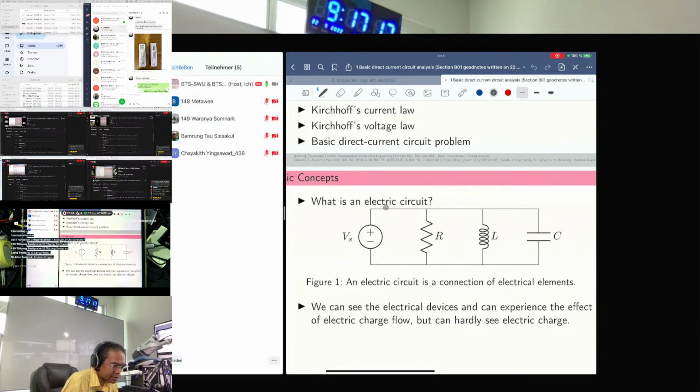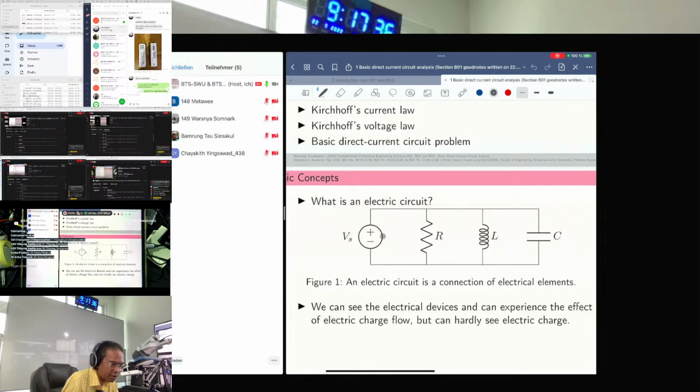This is the electric circuit. What is an electric circuit? An electric circuit is the connection that has the charge movement or the currents.